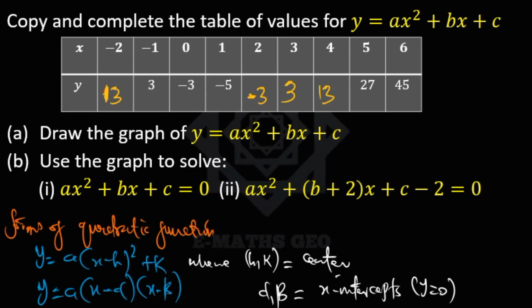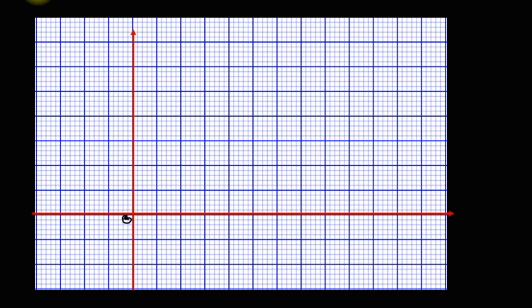So let's do it. I'm counting 1, 2, 3, 1, 2, 3, 4, 5, 1, 2, 3, 4, 5, 6. This is 3, meaning 1, 2, 3, this is 1.5. So 1, 2, 3, 4, 5, 6, this is 6. This should be 1, 2, 3, this is 4.5.